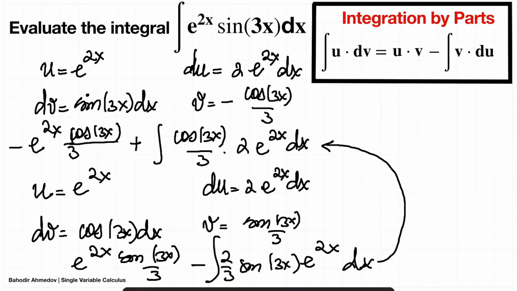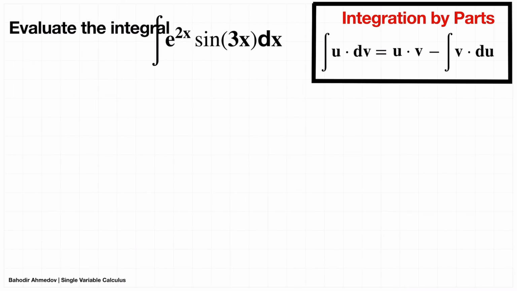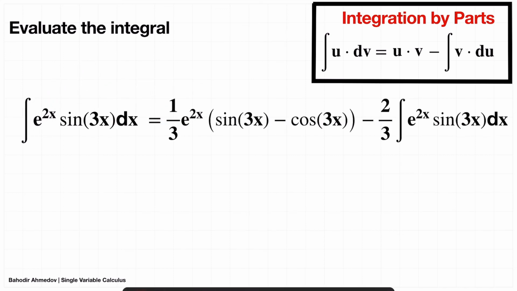So you see, we started from this integration of e to the power of 2x times sine of 3x, and we ended up with the same integration. But we never give up, so I think we need to look at this integration in a bigger picture. So the integral of e to the power of 2x times sine of 3x dx is going to be 1 over 3.